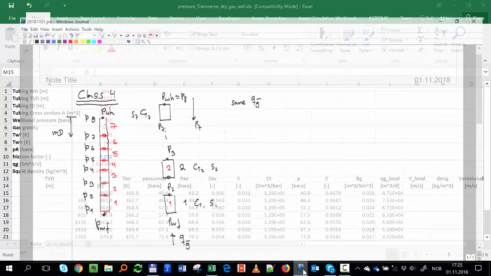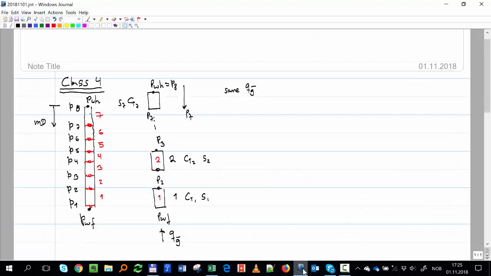If you remember, we are dividing Q. Q of gas, remember, doesn't have the hat, so it's local, divided by the area is equal to the velocity of the gas. However, this is in cubic meters per day, and this is in square meters, and I want the velocity in meters per second.